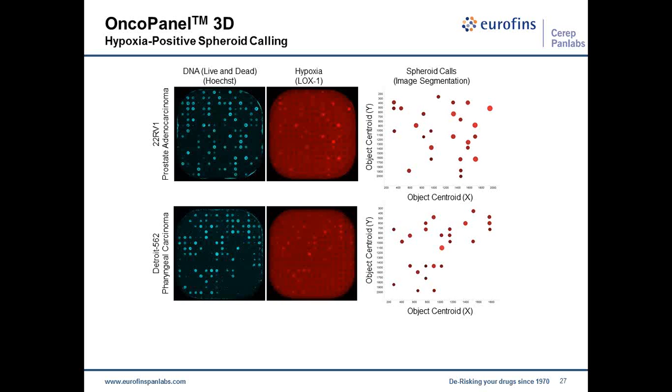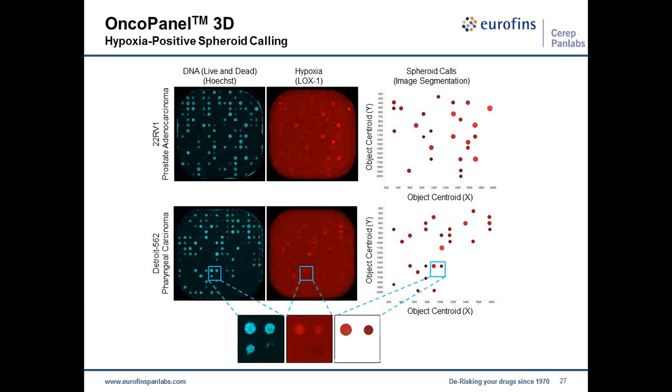First, we used a DNA stain, Hoechst, to determine where all the cells are. And then we used a dye called LOX-1, whose fluorescence is quenched in the presence of oxygen, to visualize objects whose interior is hypoxic. Using these 2 fluorophores together, we then apply a spheroid calling strategy that allows us to compute the number of cells growing in spheroids.